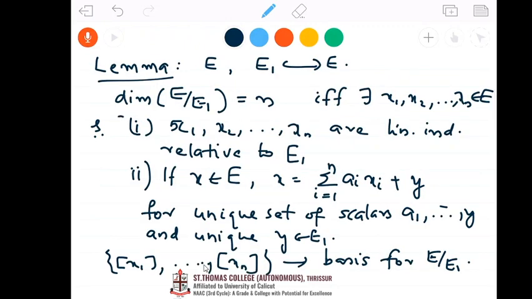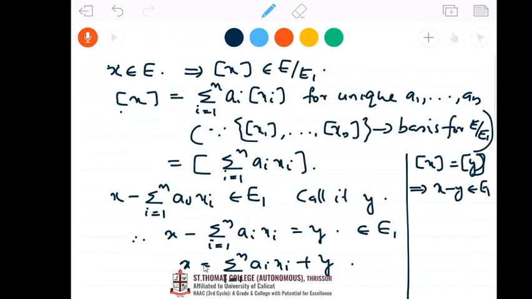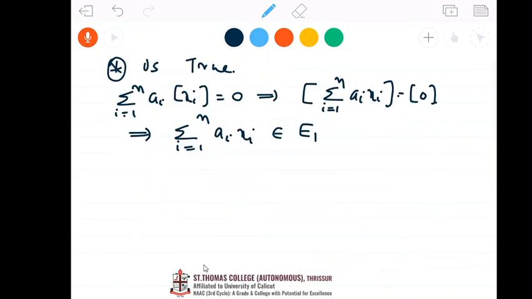This is star: x1, x2, etc., xn are linearly independent relative to E1. We have assumed that. So from that we will get ai equal to 0 for all i.